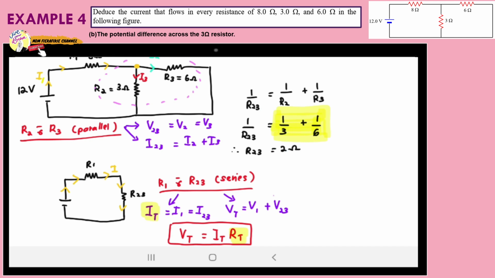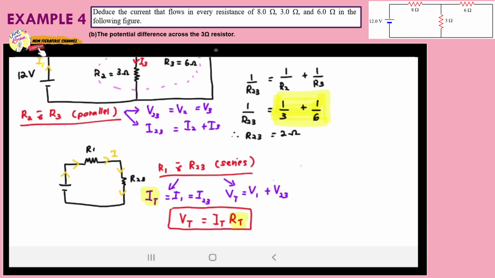So now we want to calculate the total resistance. Therefore, R total, because R1 and R23 are in series, is equal to R1 plus R23. Jangan terbalik dengan kapasitor. R1 plus R23.